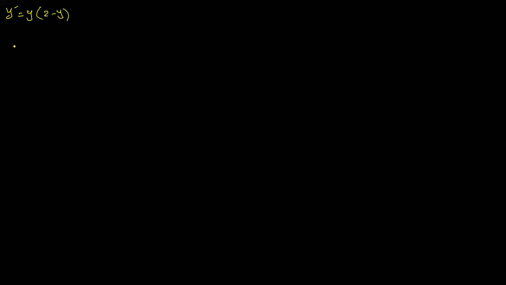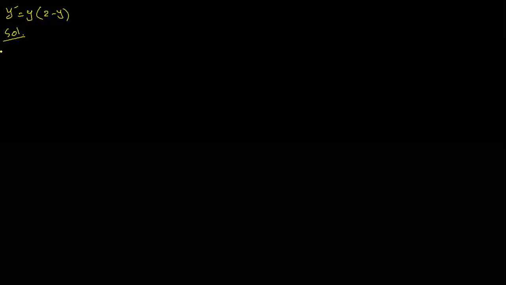To solve this problem and draw the isoclines and the slope field, the first step is to find the equation of the isocline, which is y times (2 minus y) equals C. This is the equation of all isoclines.